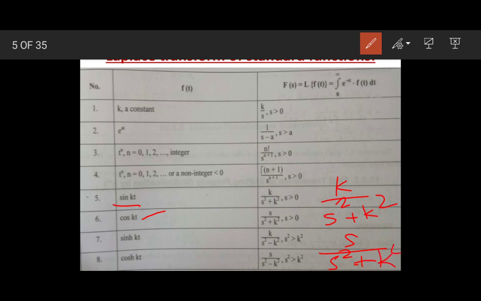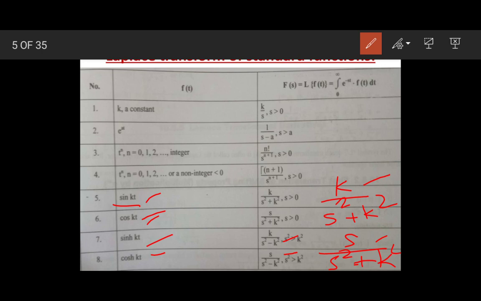Then for sinh kt, the hyperbolic function, the Laplace transform is k upon s square minus k square. And for cosh kt, the Laplace transform is s upon s square minus k square.